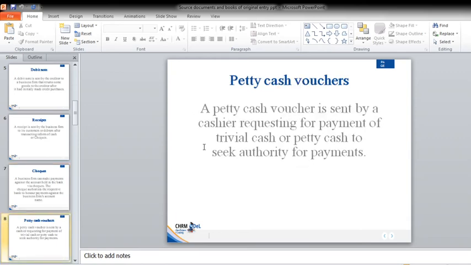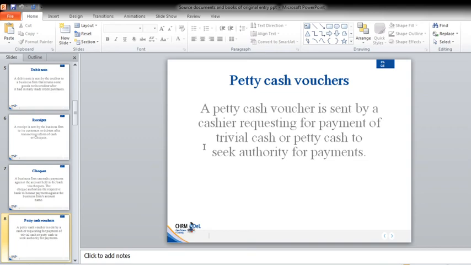We also have a source document we call the petty cash voucher. A petty cash voucher is simply a document that is normally prepared by the business to confirm that certain expenses have been paid. That is to say, for some expenses it is very hard for a receipt to be issued.